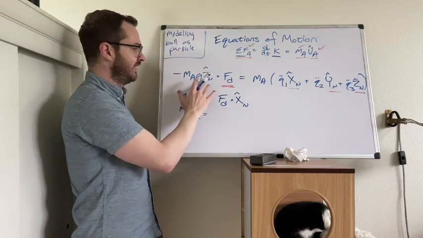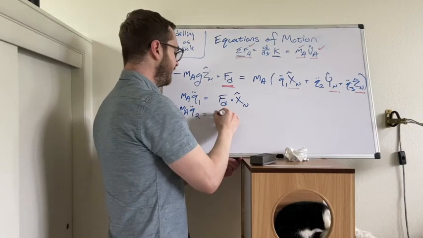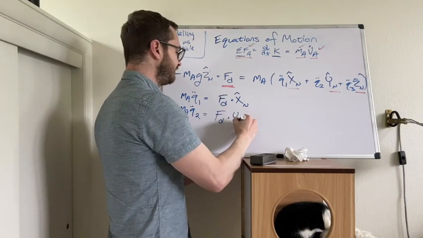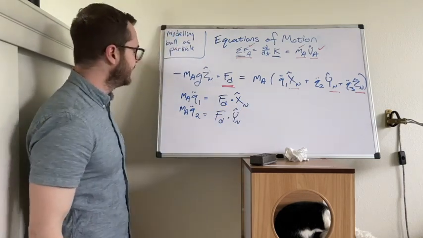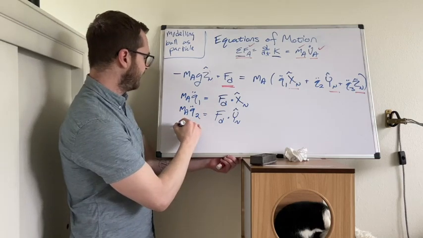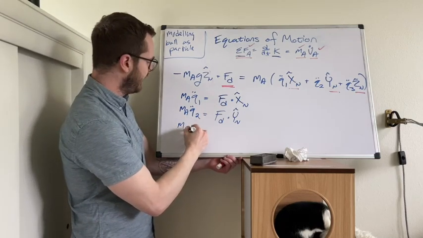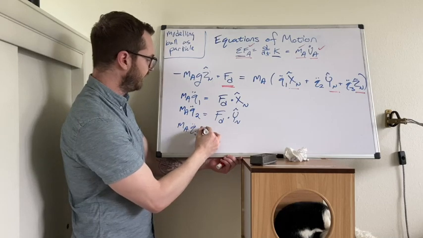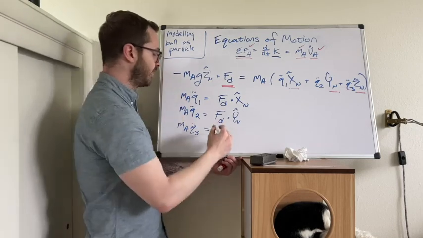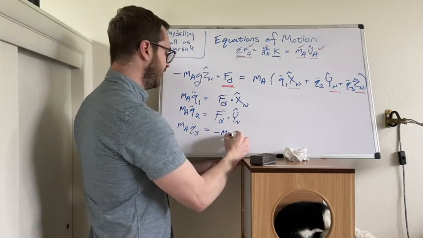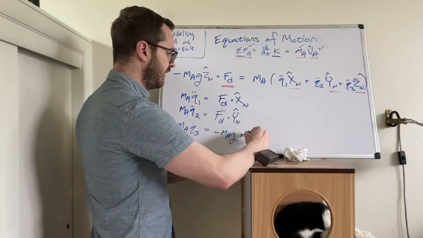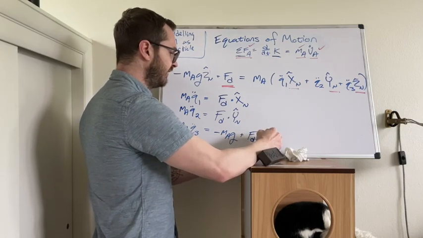We put gravity in the z, so all that's going to leave is F_d dot y hat n. And then let's write the last one, m a q3 double dot equals, and we are going to have gravity here. We'll have minus m a g plus F_d dot z_n.